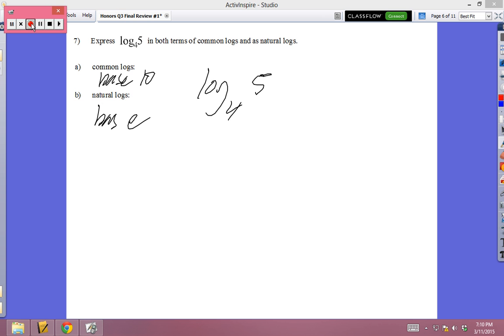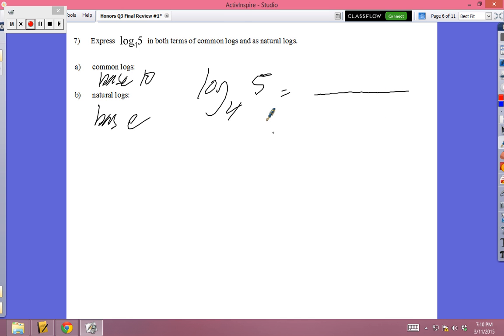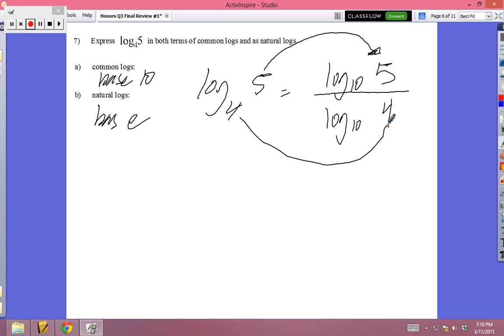you can take this single log and rewrite it as a quotient. So log in base 4, I want the new base to be base 10. So I take log in base 10 of 5 on top and log in base 10 of 4 on the bottom. So the old base goes on the bottom.